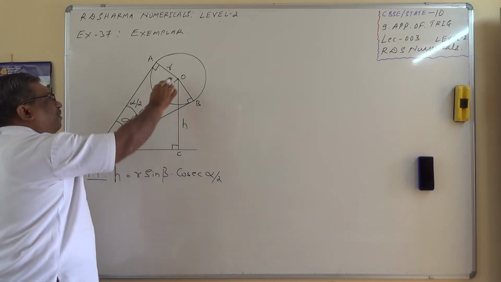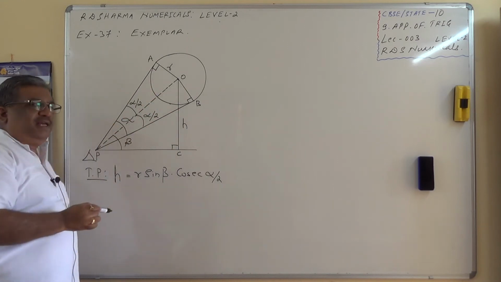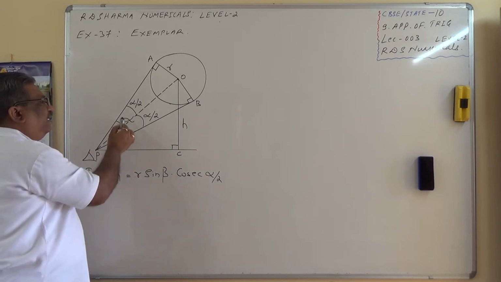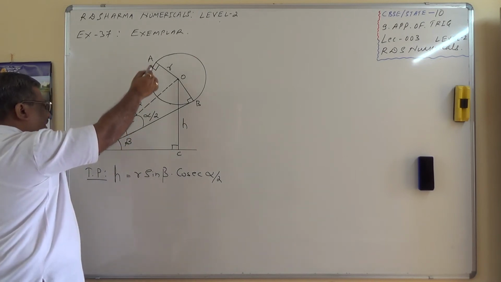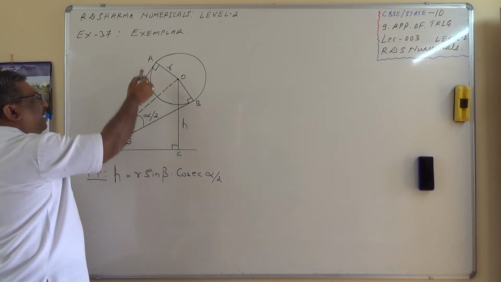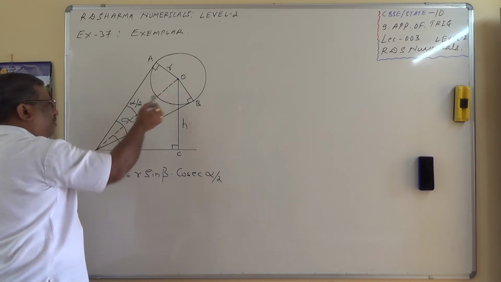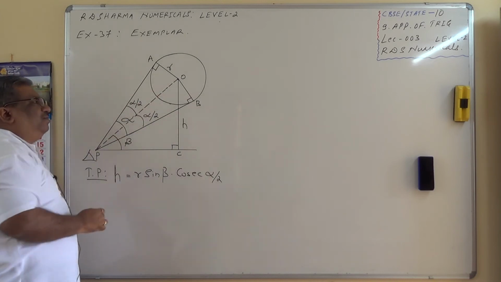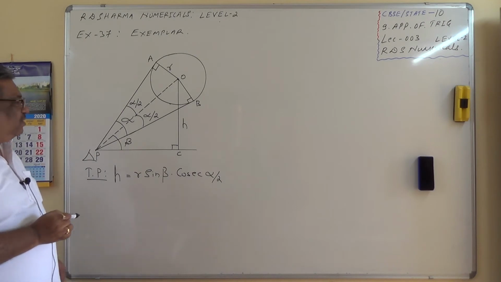So, for OP, AP and BP are equally inclined, meaning if the angle subtended by the balloon is alpha, that is angle APB, then angle OPA equals angle OPB equals alpha by 2. I hope that you have understood.